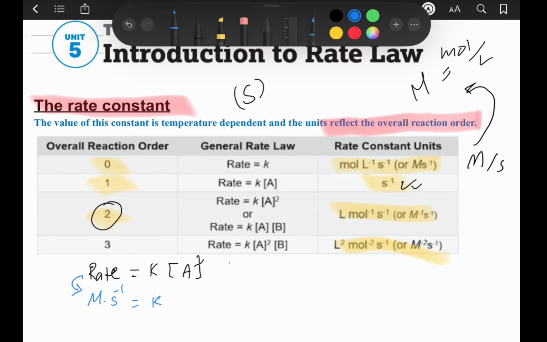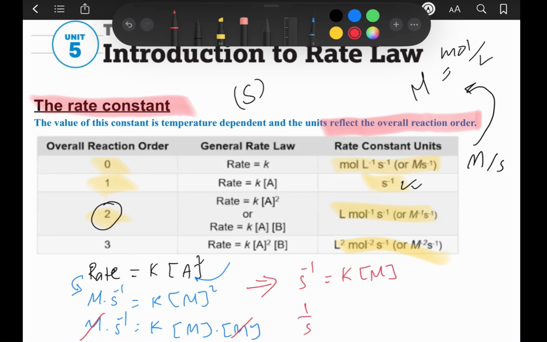The unit of the concentration is molar squared, right? Perfect. Now, since we have molar per second here, the value of K, and here we have molar times molar, we can cancel the molarity on both sides of the equation. By doing some math, we get s to the power -1 equals K times M.